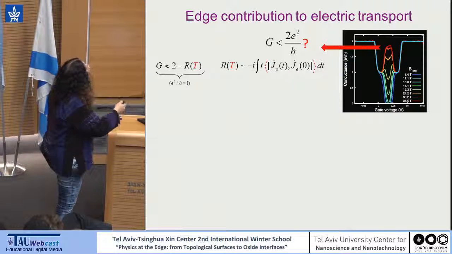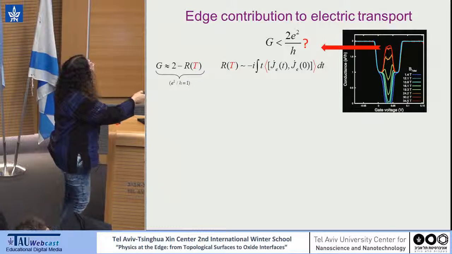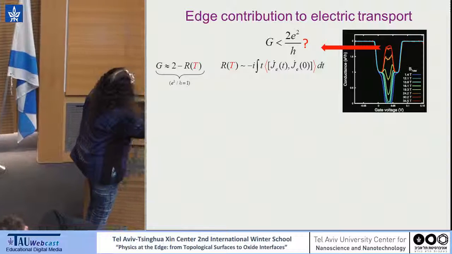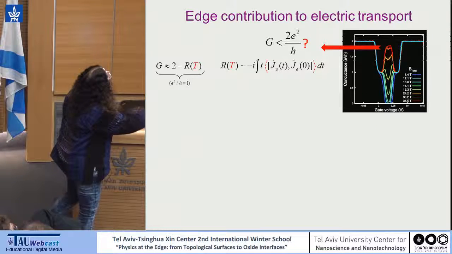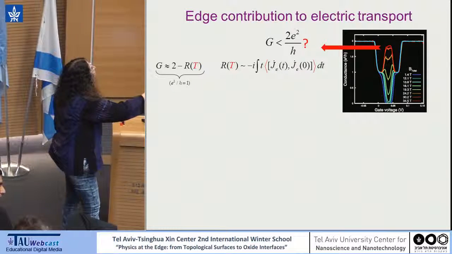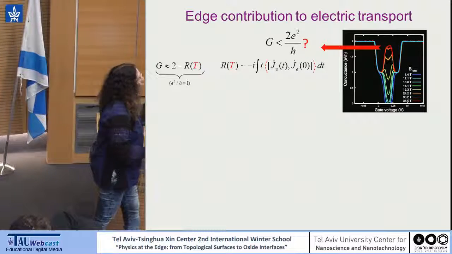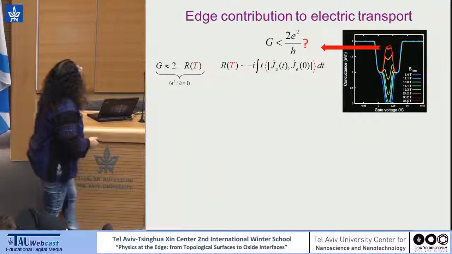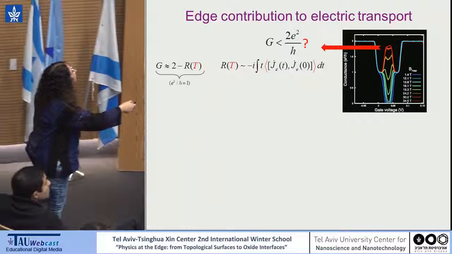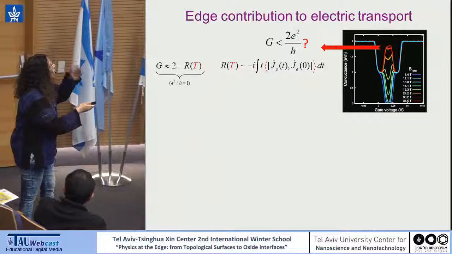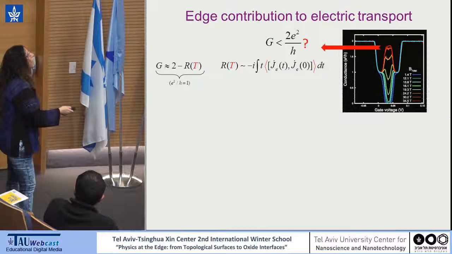The correction to the perfect conductance is related to the dissipative resistivity, which can be expressed in terms of some relaxation rate of the electric current. Okay, so in fact, there's some inverse Kubo formula, like things that you can write for it.